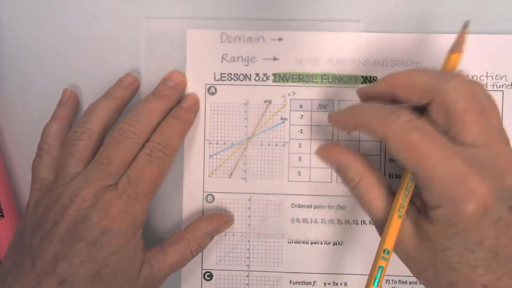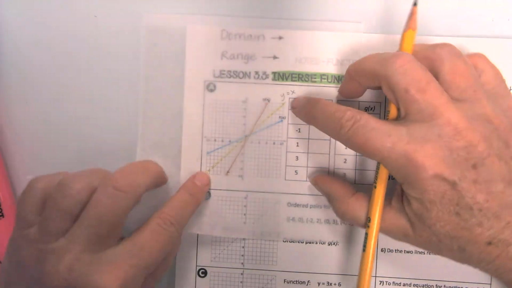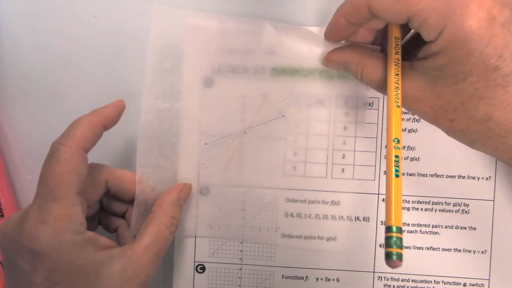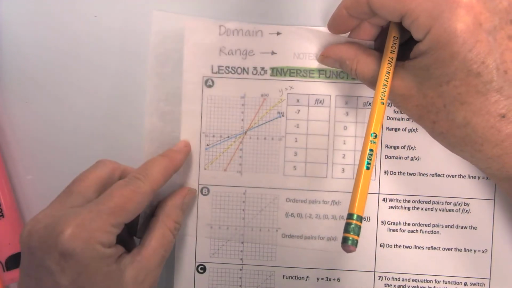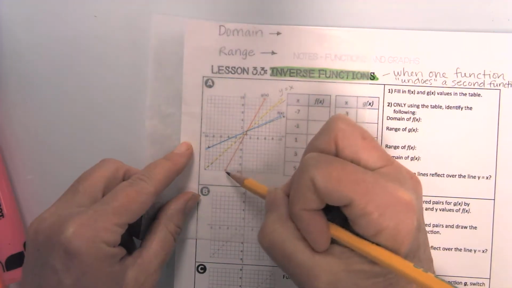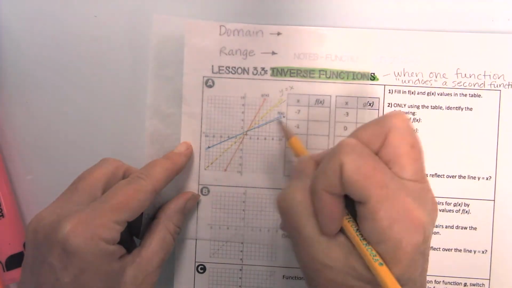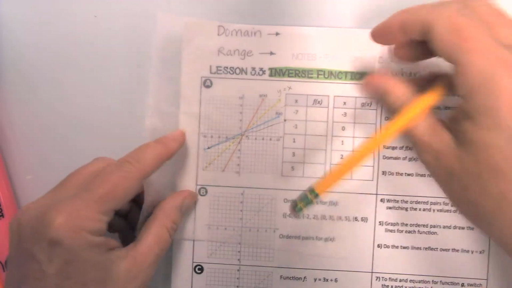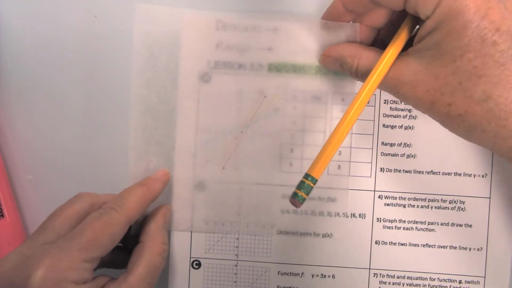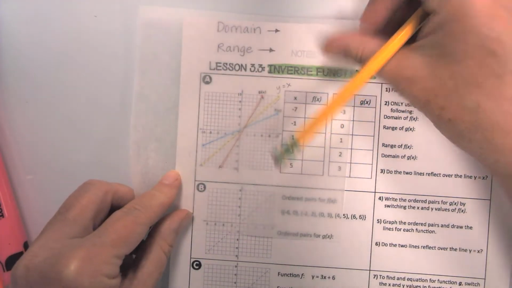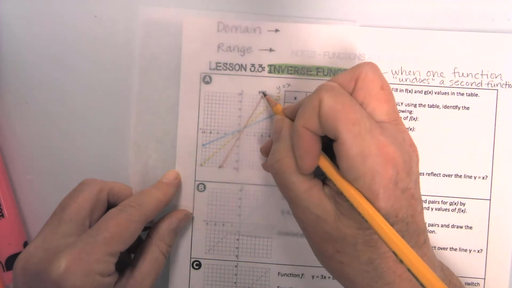I don't know if that was really easy to see, but notice that when I pick up my paper and reflect it, it lays on top of the second line. So the blue function, the f of x, when I reflect it, my line is now the same as g of x.